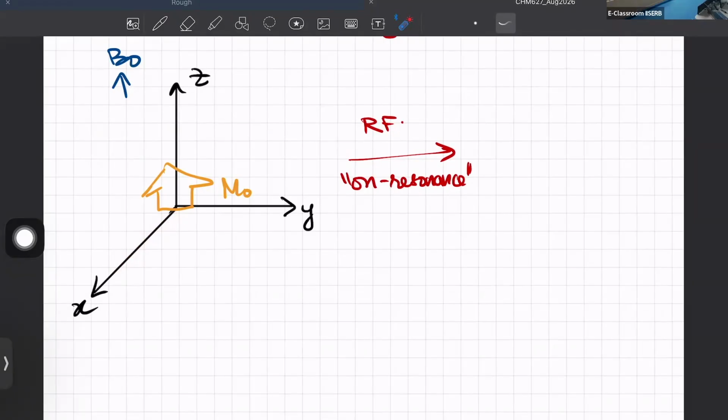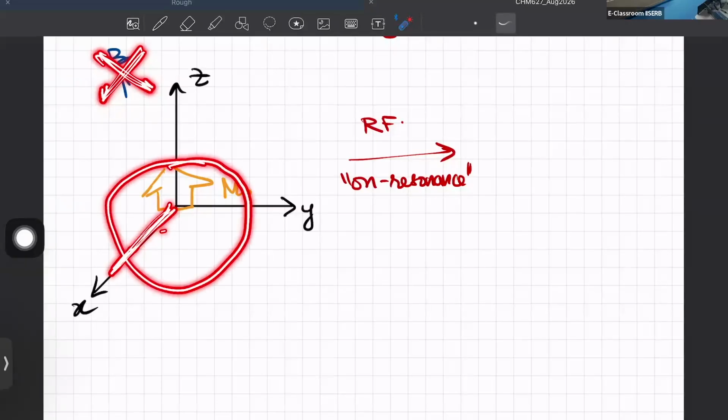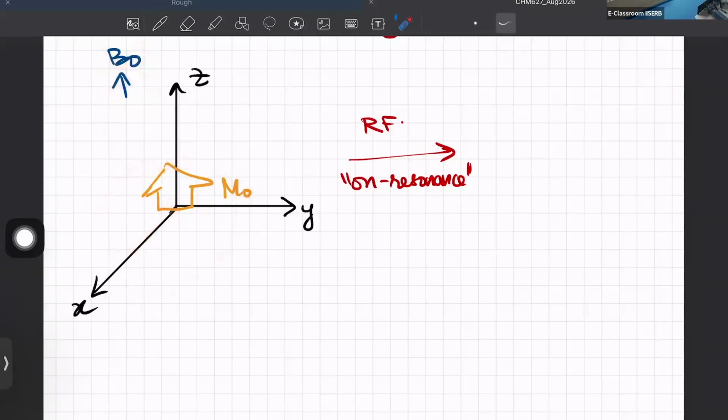And therefore, what happens now, for some reason, the B naught is not present and you only have the effective B RF. And therefore, the M naught is going to precess. If you apply the RF pulse along the x-axis, the M naught will precess about in the YZ plane. It will keep moving until you stop applying the RF pulse. So you have the power to apply the RF pulse to get the M naught wherever you want it.